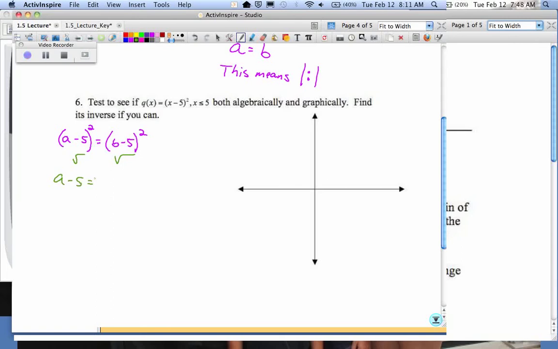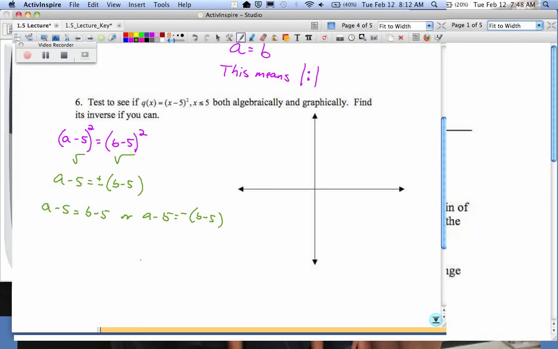Because you're square rooting both sides, you have to put plus or minus back in there. Now you get into a situation where a minus 5 is equal to b minus 5, or a minus 5 is equal to the negative of b minus 5.